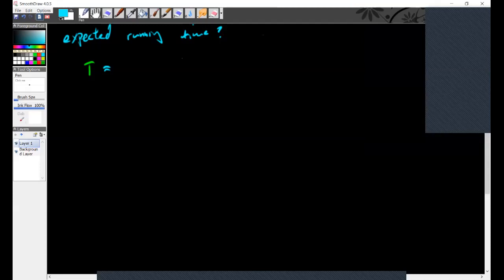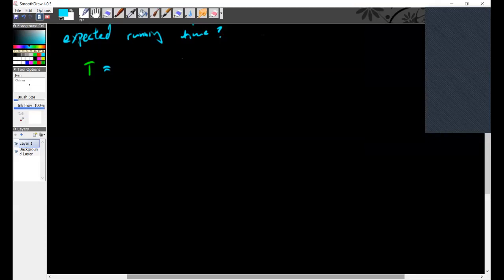The first thing that comes to mind is the comparisons. The running time should be proportional to the number of comparisons that you make, because every time you make a comparison, that's where all the magic happens. The quicksort algorithm looks at two elements, makes a comparison, and then optionally makes a swap.